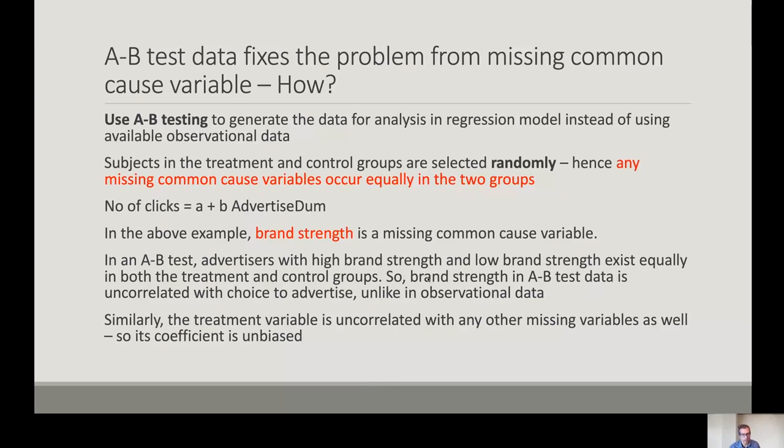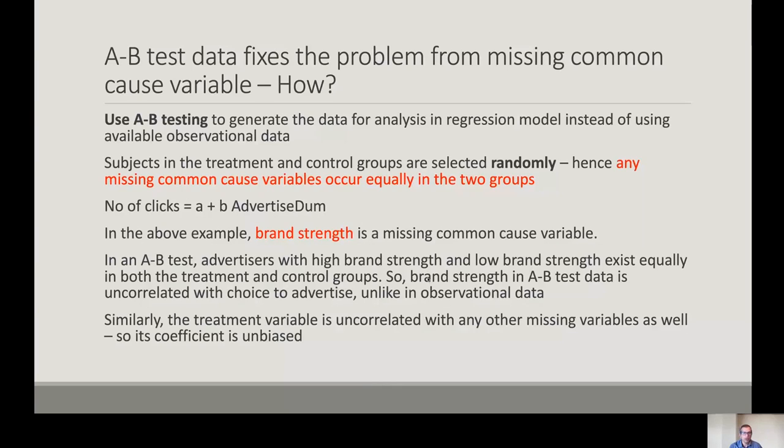When we implement an A-B test, advertisers do not choose themselves to advertise or not advertise. Rather, the platform implementing the A-B test creates a treatment group of companies and gives them free advertising. And it also creates a control group of companies who are not allowed to advertise in the period of the test.